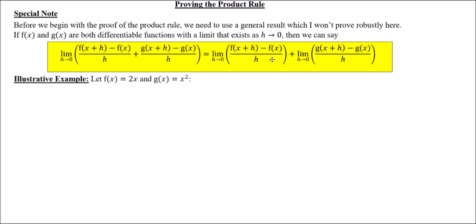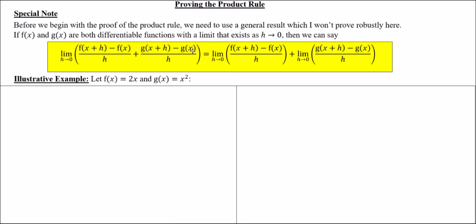Just to illustrate what I mean, I'm going to take an example, f of x being 2x and g of x being x squared, and show that this point does hold up and is true. So for h going towards 0, the derivative from first principles of f of x plus g of x is this here.